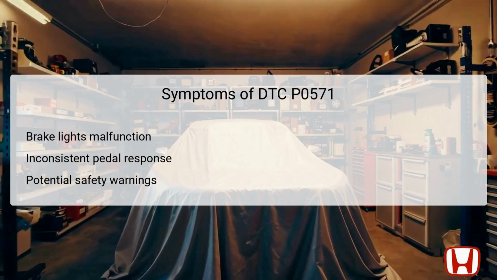Additionally, this situation might trigger warning indicators on the dashboard, alarming the driver that there is an issue needing attention. Overall, these symptoms highlight not just the functional challenges of the vehicle, but also underscore the critical importance of responding promptly to any DTC issued.